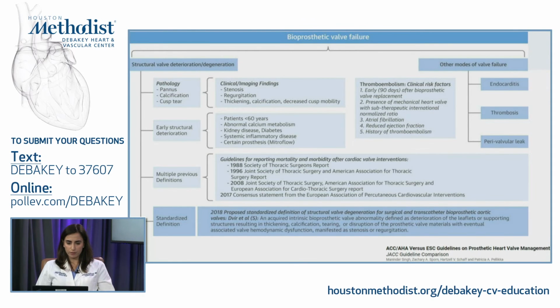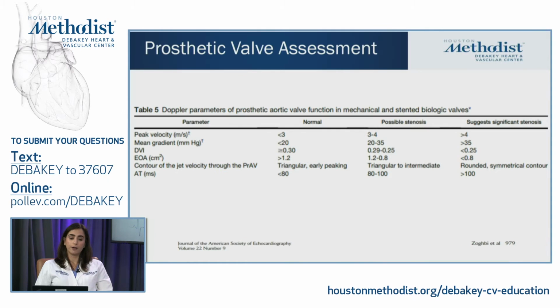When we talk about prosthetic valve abnormalities, we define them as deterioration of the leaflets or supporting structure, resulting in thickening, calcifications and tears that over time will eventually lead to hemodynamically significant valvular abnormalities, whether stenotic or regurgitant. Structurally, it could look like a pannus, calcification, or a tear. Or on the other end of the spectrum, endocarditis, thrombosis, especially in mechanical valves, and paravalvular leaks are things to keep in mind.